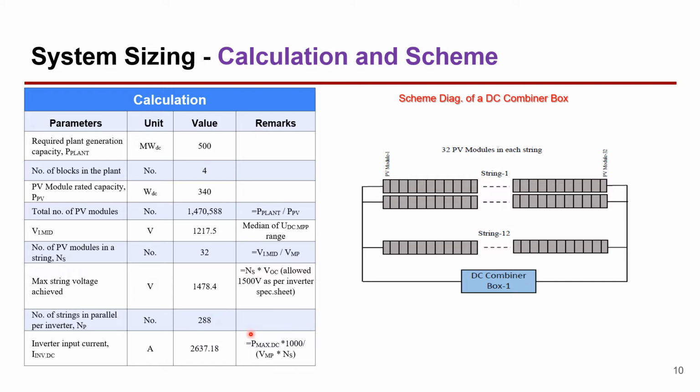Now, based on the total inverter capacity of 3200 kilowatt, such 288 strings can be connected in parallel per inverter. However, the inverter cannot take this many inputs, so we will have to install DC combiner boxes as the intermediate between these strings and the inverter.